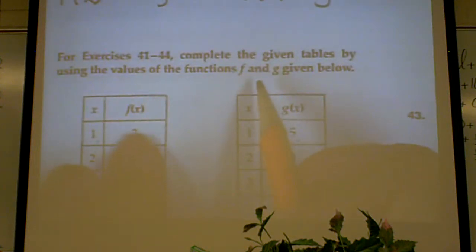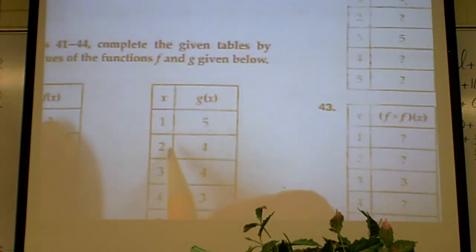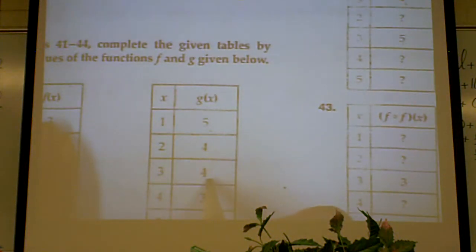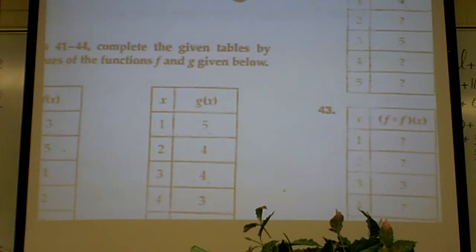Then what would you do with that 3? You put 3 in the g function, and what comes out is a 4. Does that make sense? That's what composition of functions is. You're inputting something into a function, and what you get for your output becomes your input of the next function.